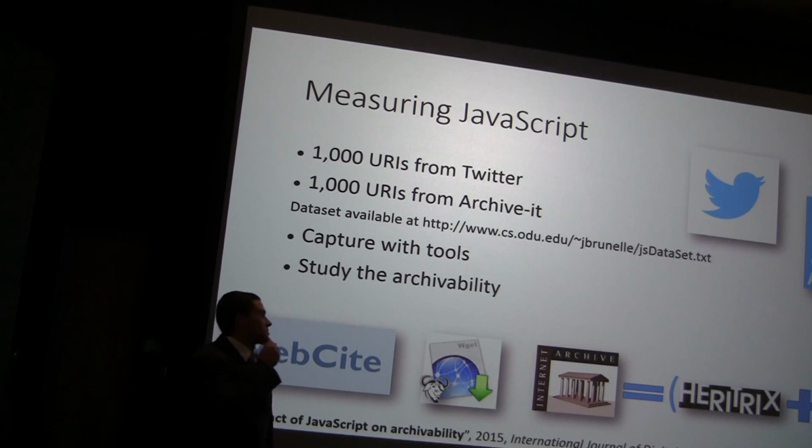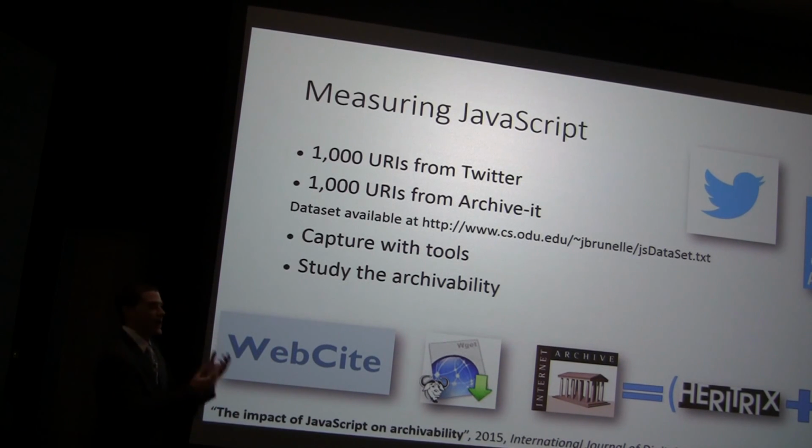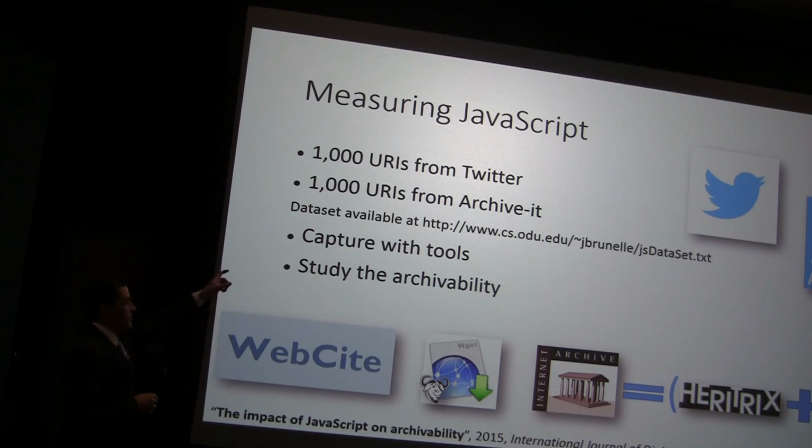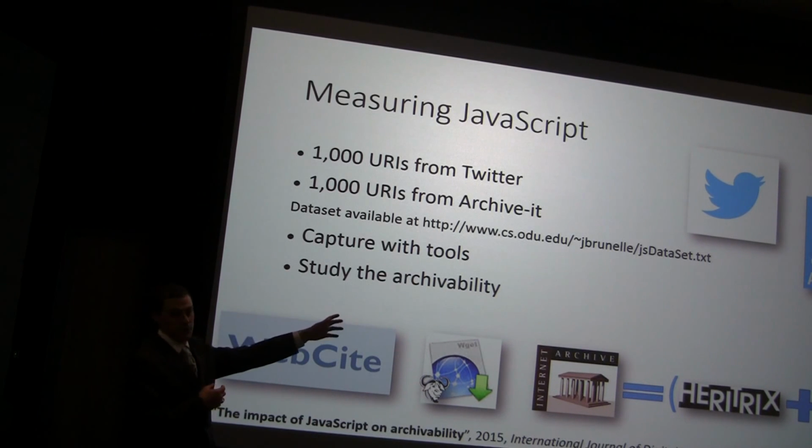That's a really good question. So we had two different purposes behind the experiments that we ran. In the first one, which is our Twitter and archive pair of sets that really collapses into a single set, we wanted to understand the difference between what people are sharing and what people are actively curating.